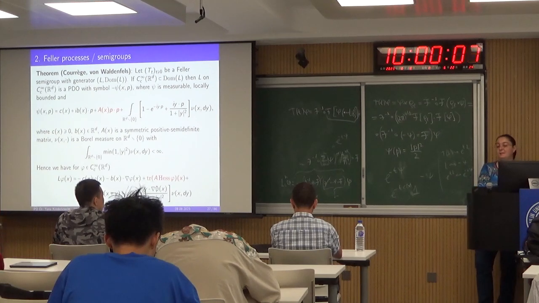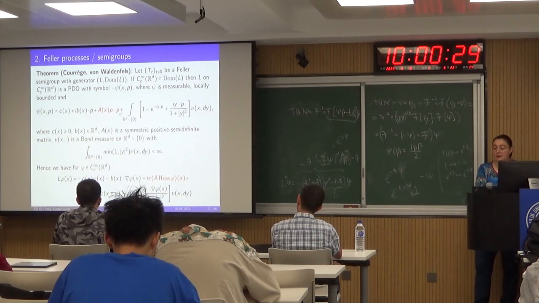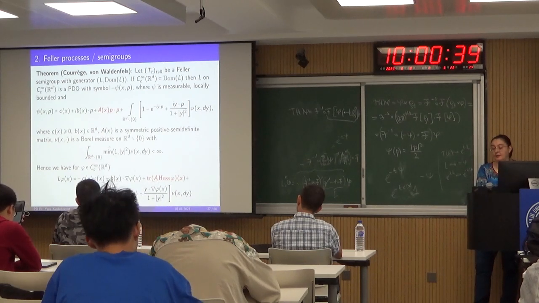Okay, and it should be an elliptic operator because of this symmetric positive semi-definite matrix, or degenerate. Okay, so you see these three terms, they build a polynomial with respect to p. And the corresponding pseudo-differential operator with the symbol given by these three summands is just a differential operator of second order with variable coefficients c, b, and a of x.